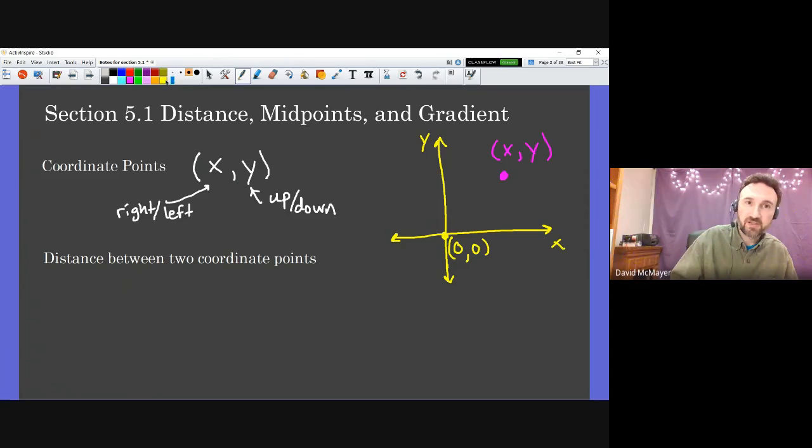If we're going to talk about distance between 2 coordinate points, I'm going to place 2 points on my page. You should do the same. The distance between those points is defined as the shortest distance, like that.